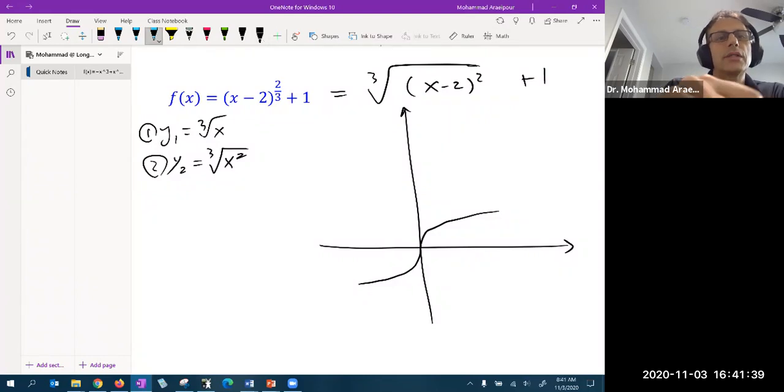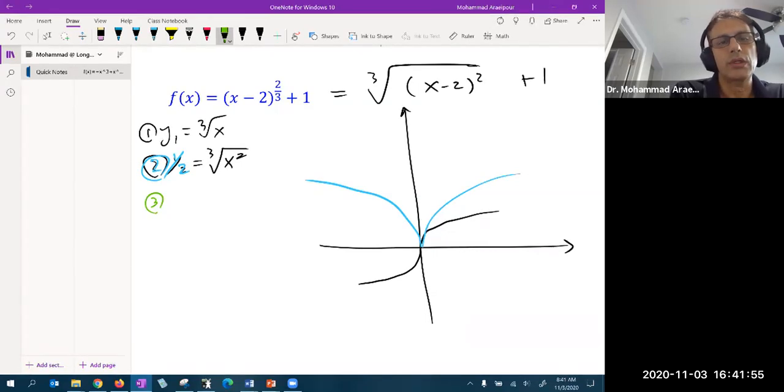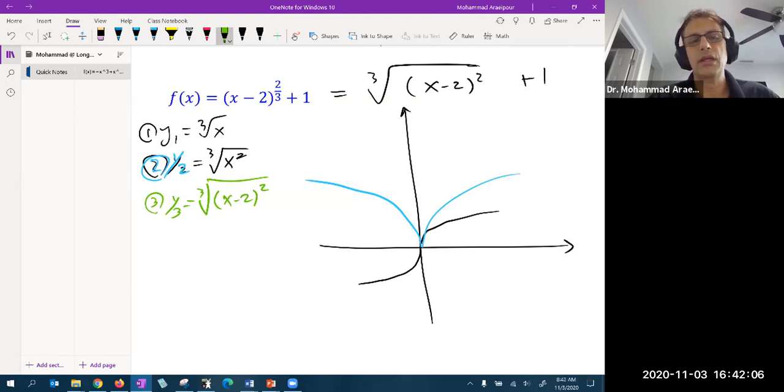So what happens here, class? This becomes a little bit larger and this flips over, becomes positive. Again, I'm discussing a transformation in essence. Number three, we have y sub 3, let's say, that is cube root of x minus 2 squared. That means it's the same thing shifted to the right by 2 units, okay?